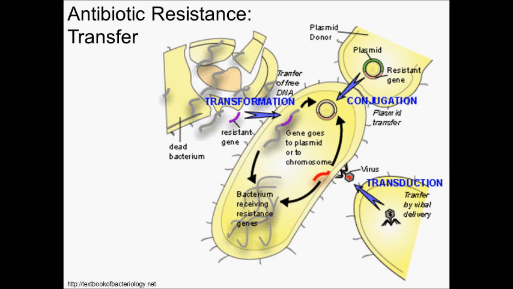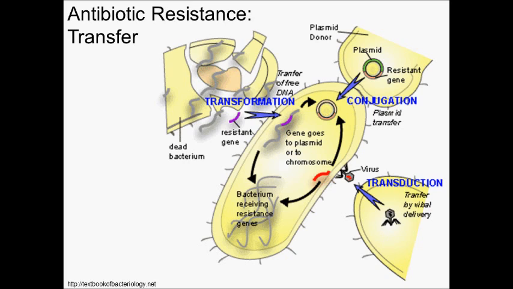There are various mechanisms of transferring the resistance from one bacterium to another, not only vertically from the mother to the daughter cell, but also laterally or horizontally to other cells of the same strain or species, or also other species.